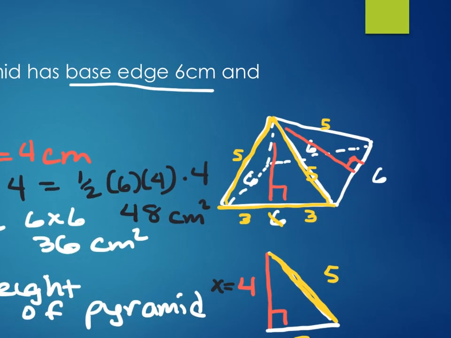If I open this up, it's going to go from the center of the base to the top. Then I'm going to draw a right triangle. Since it's the center, I know this side is 3, and then I can use my slant height, which was 4, for the hypotenuse.